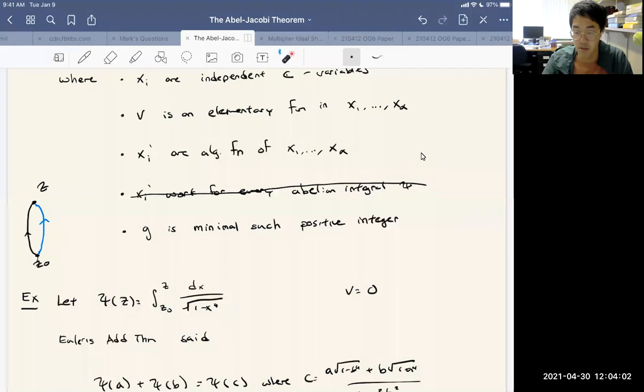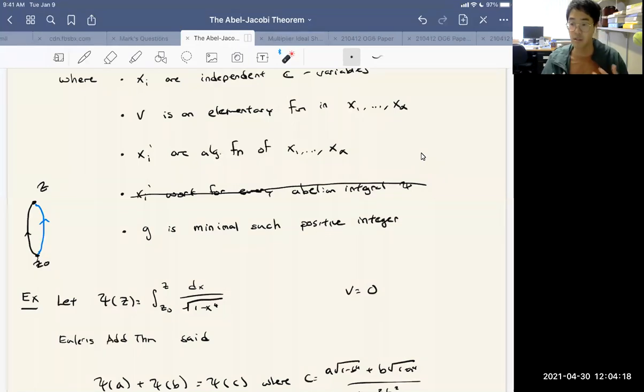And if my domain is really small, like a simply connected domain or some disk, all of these loops are contractible. So it doesn't matter which loop I'm taking.